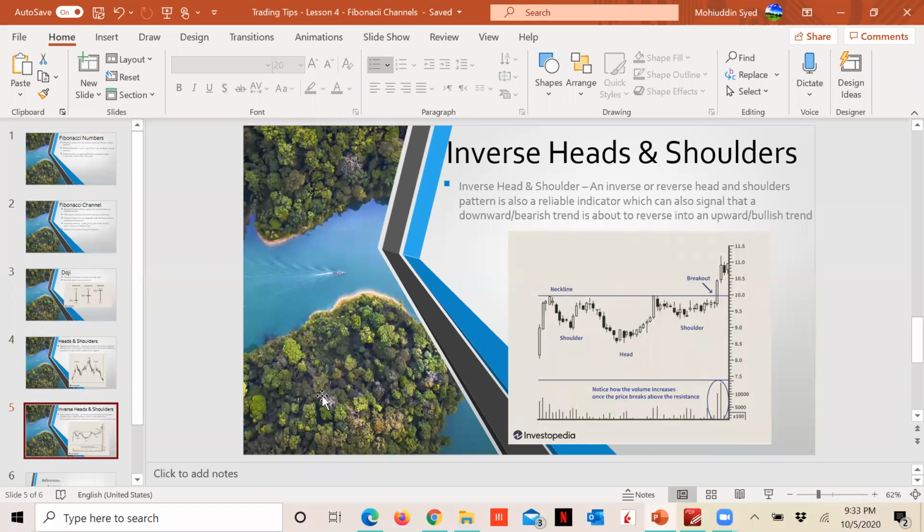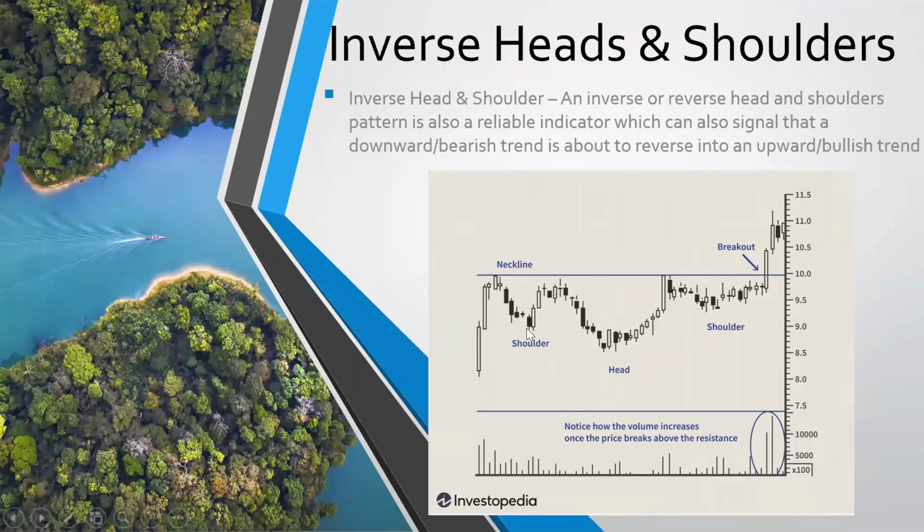So this is a regular head and shoulder, and this is an inverse head and shoulder, where the shoulders are formed inversely. The head is slightly lower than the shoulders. Again, these values don't have to be the same. An inverse or reverse head and shoulder pattern is also a reliable indicator, which can signal that a downward bearish trend is about to reverse into an upward bullish trend.